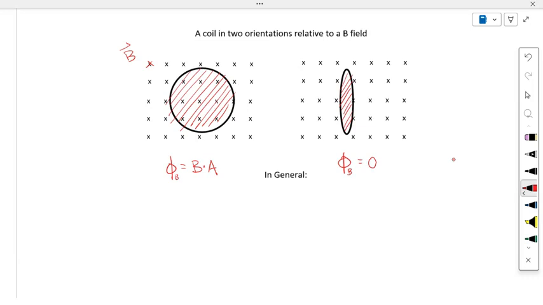So what we really have in general, magnetic flux, we can write in one of a couple of ways. It's B. We need components of B that are perpendicular to A. Well, A apparently is a vector. Or we need components of an area vector that are parallel to a magnetic field vector.